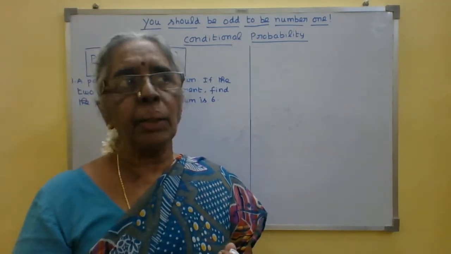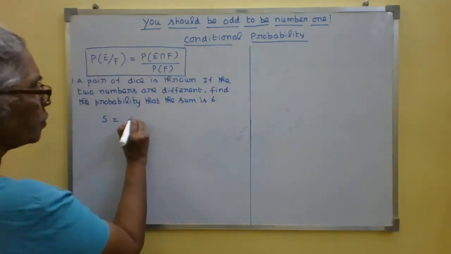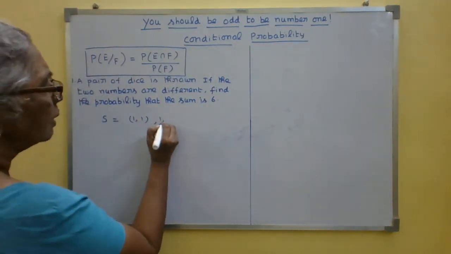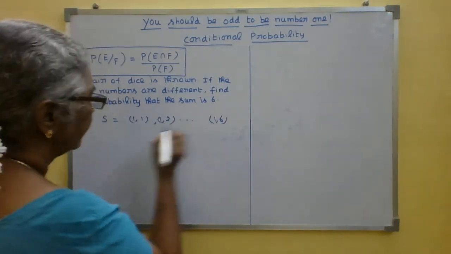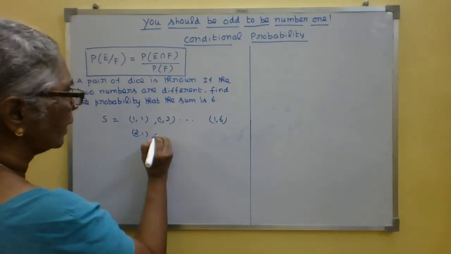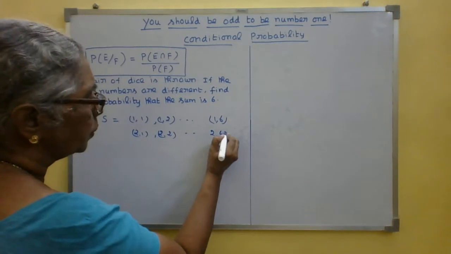So immediately you know your sample space S will be 1,1; 1,2; etc., up to 1,6. Then you will have 2,1; 2,2; etc., up to 2,6.